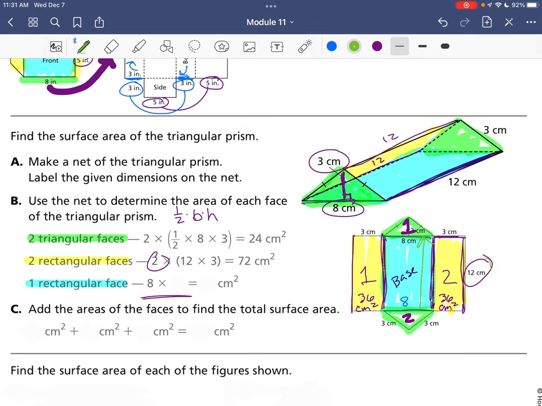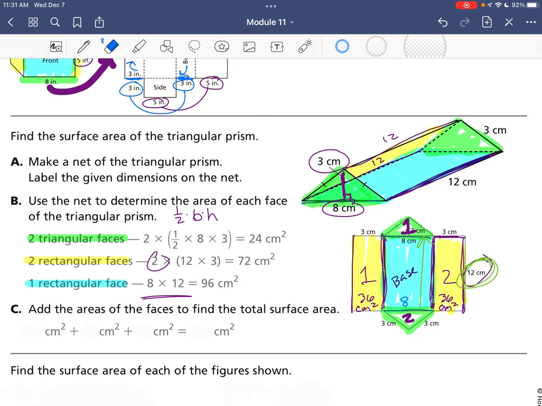That height is gonna be the same as it was for the yellow. Gonna be times 12. And 8 times 12. Again, pause that video if you need to. Do that multiplication. I love that practice. 8 times 12 will give you 96 centimeters squared.